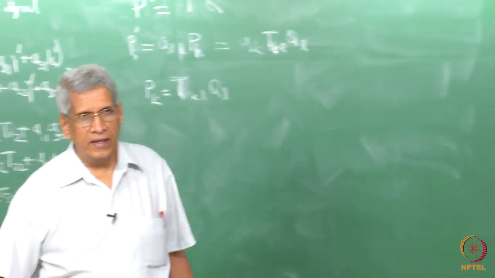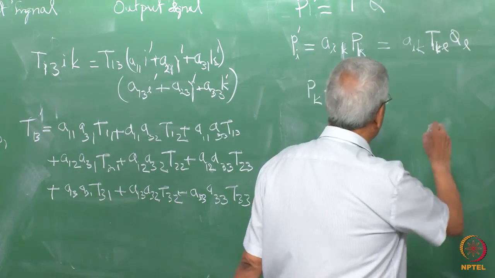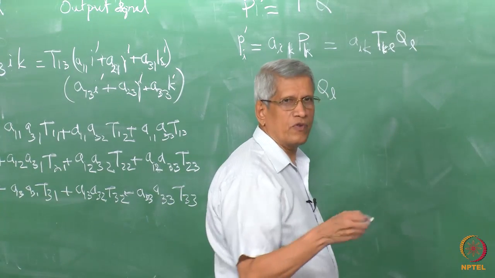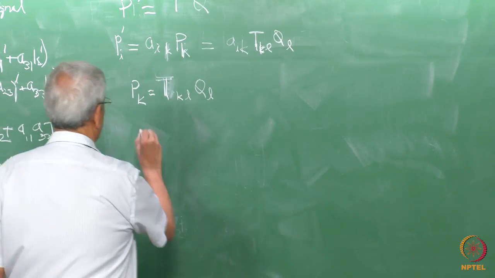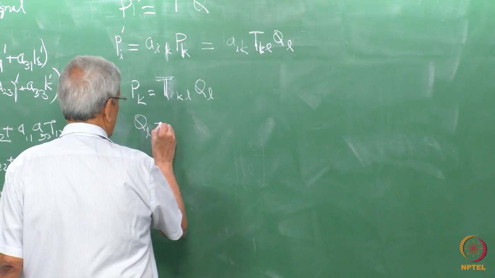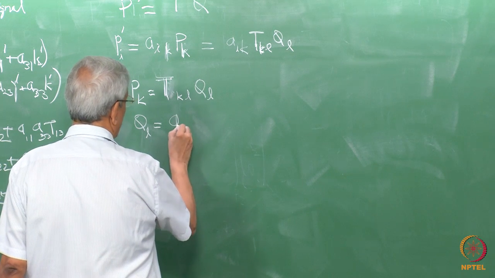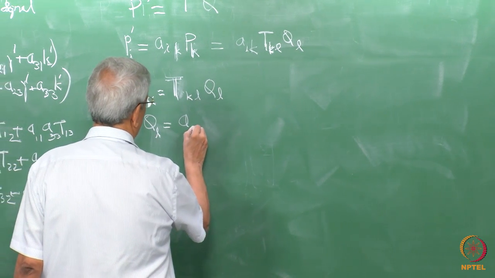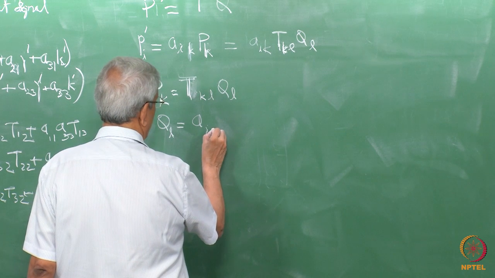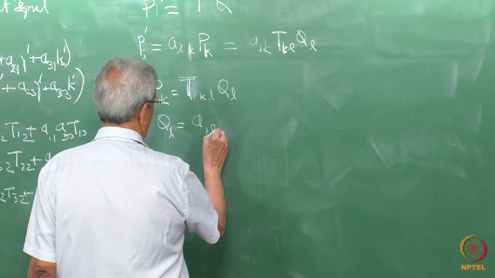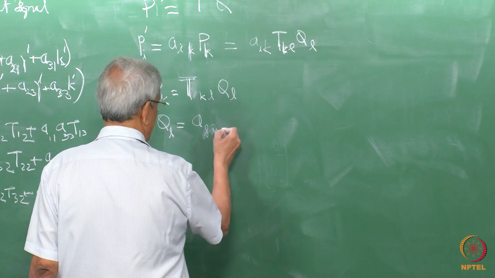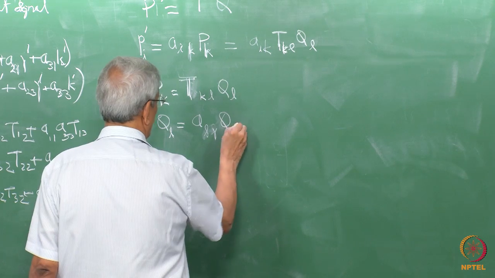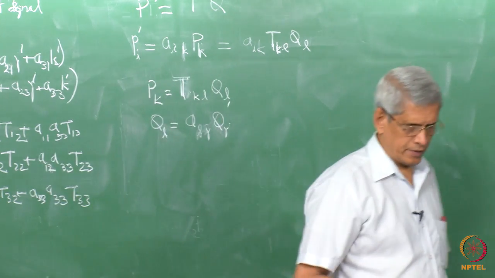Now, how can you write QL? QL is now transformed from this to the new coordinate system. So, then QL becomes ALJ, I think QJ dash, correct?